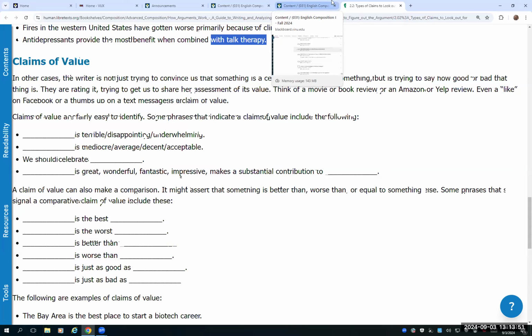If you say something is great, something's wonderful, something's fantastic, impressive, or something makes a substantial contribution to something, those would be examples of claims of value. All right, claims of value can also make, and this is our last missing word here, comparison.